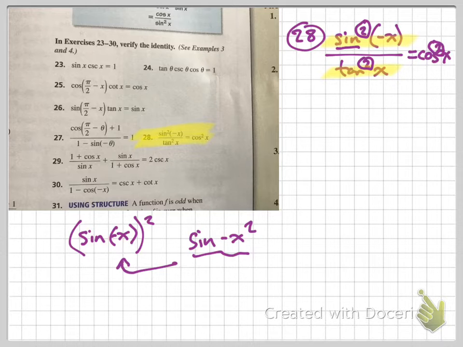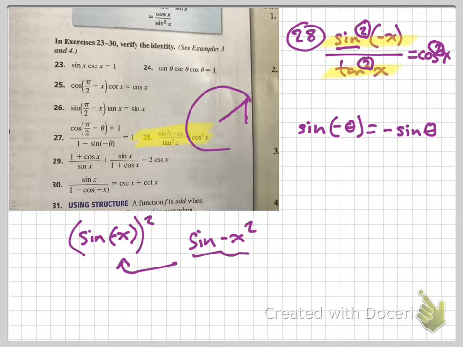So what you may notice is that one of our angle identities is that the sine of negative theta is actually equal to negative sine of theta. The sine of a negative angle measurement is equal to negative sine, which makes sense because the sine of an angle is the vertical displacement if we think about our unit circle here.